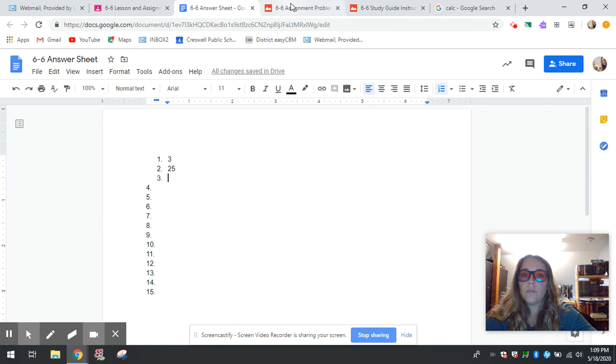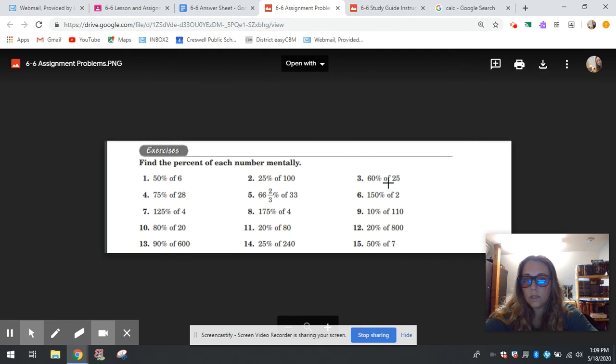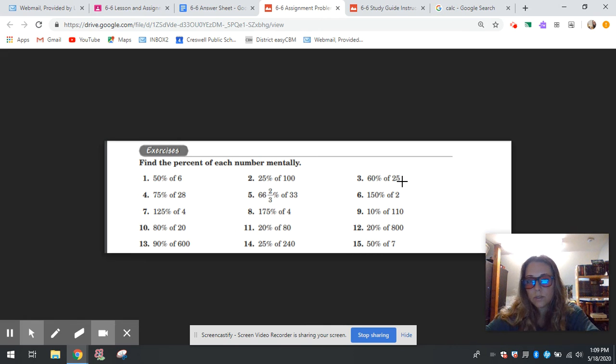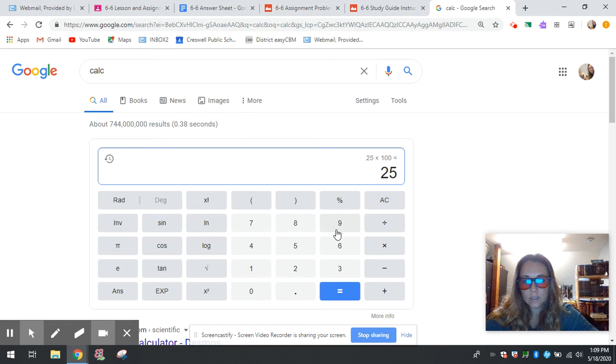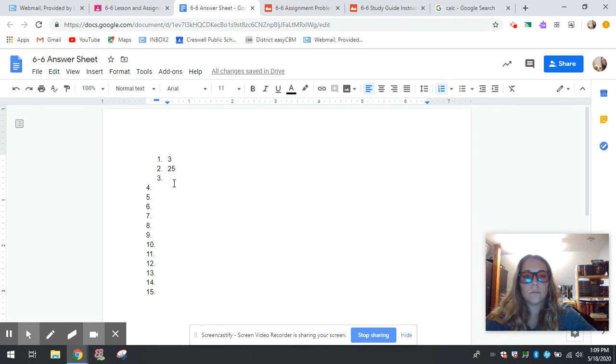Let's do number 3 that way, where we turn this into a decimal and then multiply it by the number. 60%. Move the decimal from the right to the left 2 places, and I get 0.60 times 25 equals 15.